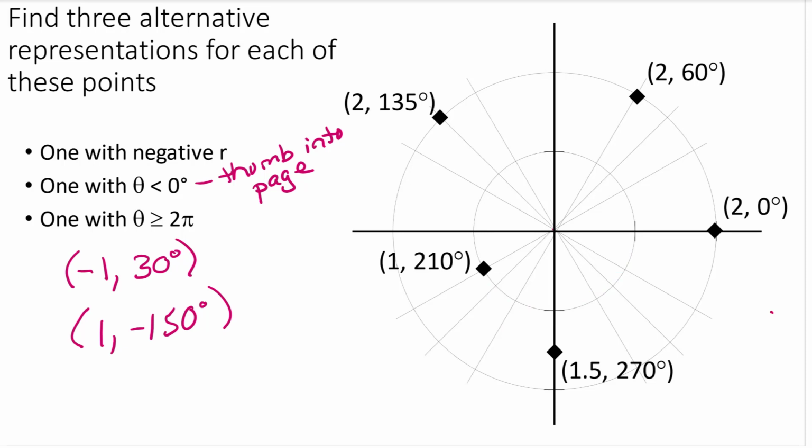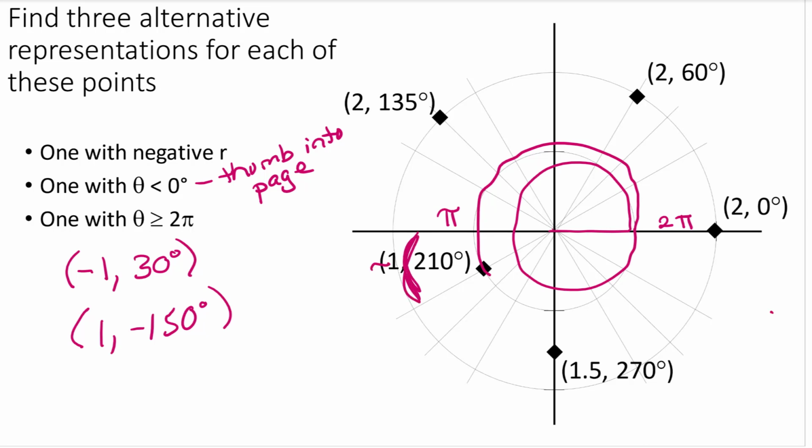And then finally, we want to do a 2 pi thingy. So we're going to go out here and we're going to go around. So that's 2 pi. And then we're going to go all the way here. So that was 2 pi plus another pi plus another, this part here is pi over 6.